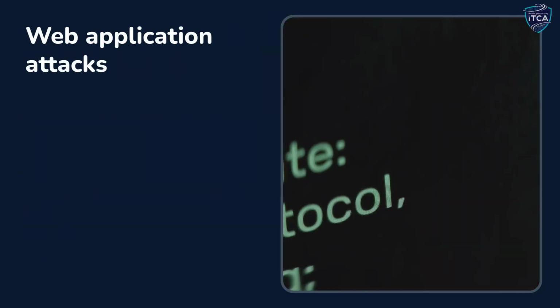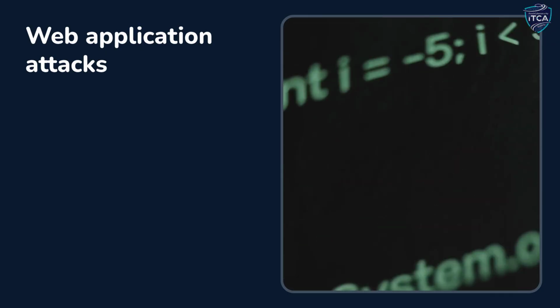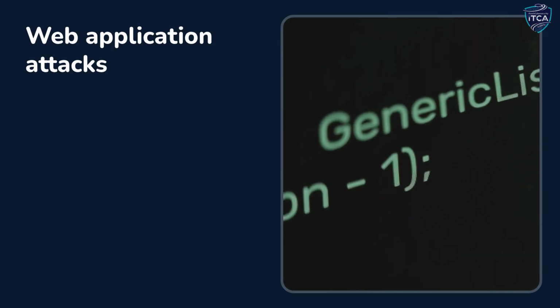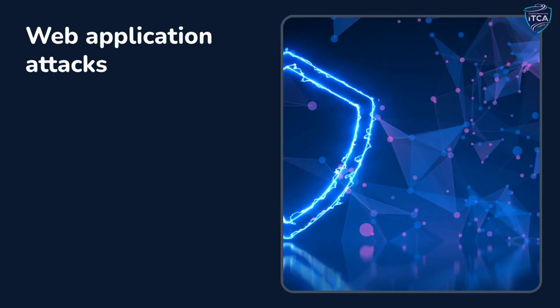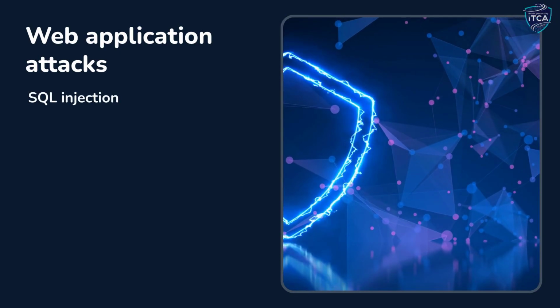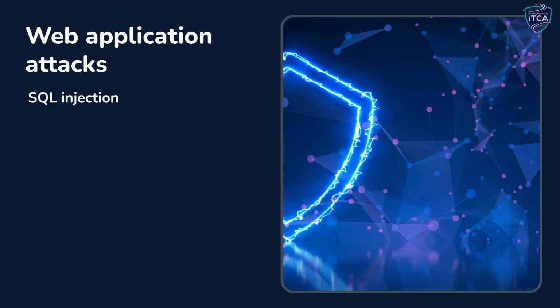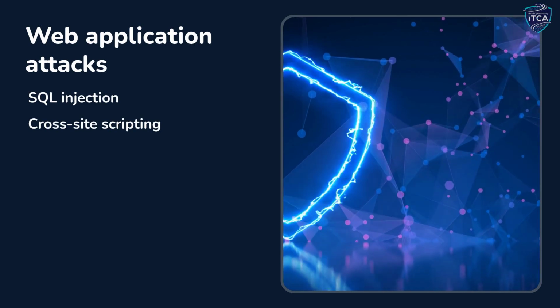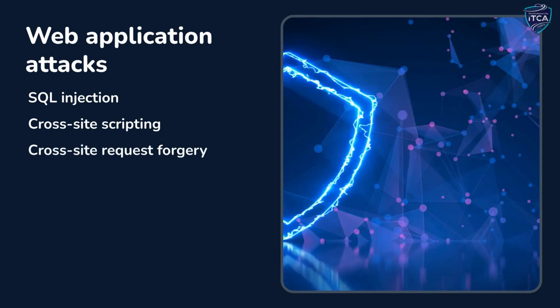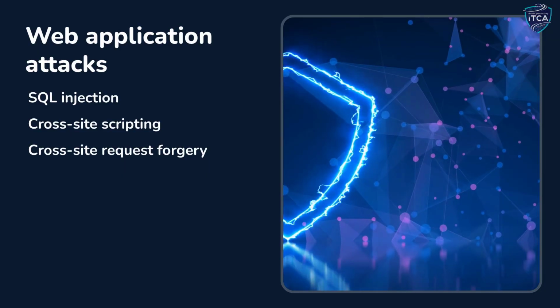Web application attacks exploit vulnerabilities in online platforms such as SQL injection, cross-site scripting, and cross-site request forgery. SQL injection allows attackers to manipulate databases through flawed input validation. XSS lets attackers execute scripts in users' browsers, and CSRF forces authenticated actions without the user's consent.